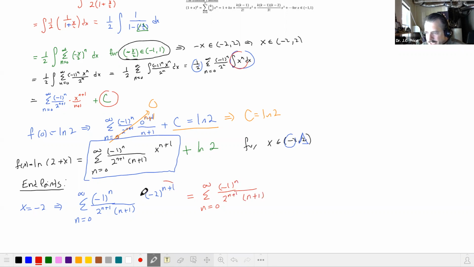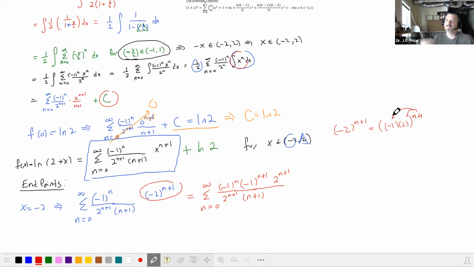And then how do we separate this? Well, this is going to alternate. So it's going to be like -1 to the n plus 1 times 2 to the n plus 1. So remember, -2 to the n plus 1, we can just rewrite that as -1 times 2, all raised to the n plus 1. And then we give the n plus 1 here and here because it's an exponent.